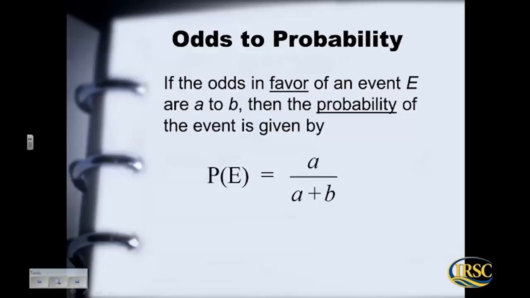If you have to go backwards and find what the probability would have been originally, you just take your A and put it over A plus B. Now it's very specific. Which odds do you need for this formula to work? In favor, right. You need the odds in favor. So if you're given the odds against, what do you have to do to those numbers first? Flip them, right, and then you can plug them into this formula.